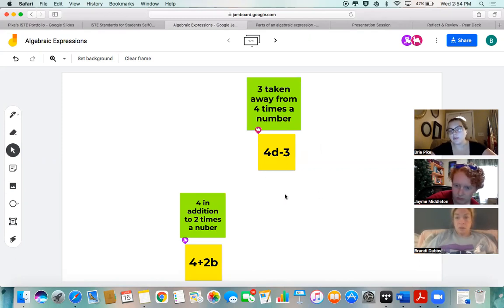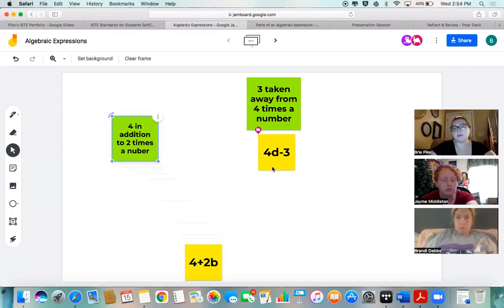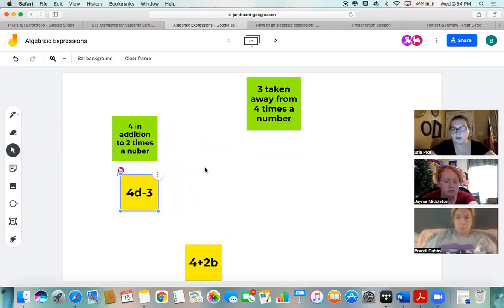So I want both of you to make a yellow sticky note with an algebraic expression on it. And I want you to make a green one that's a different expression. So I want one of you to make this one and this one. Okay, because even though these don't go together, I want you to make 2 separate ones.